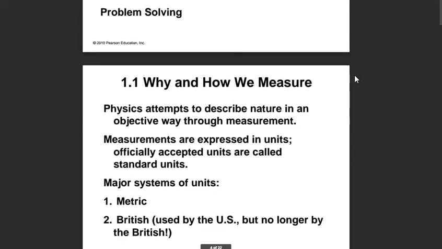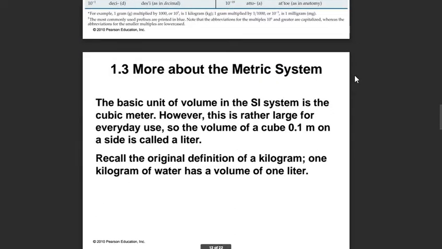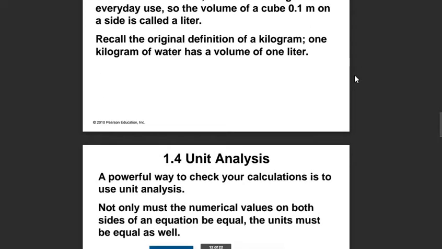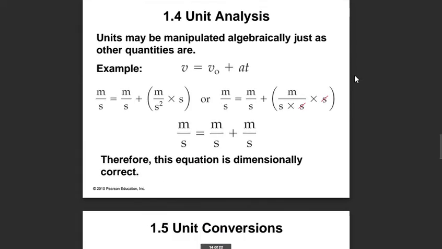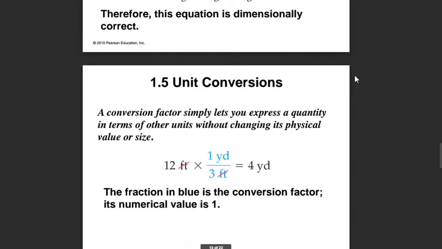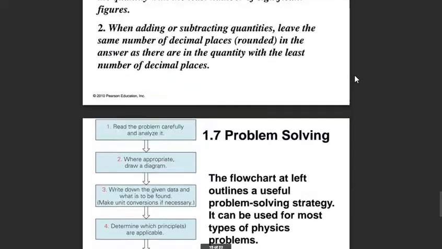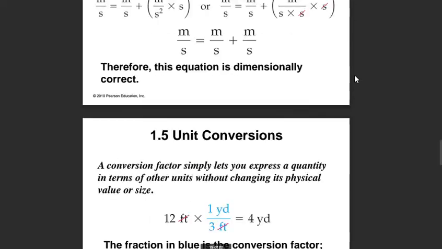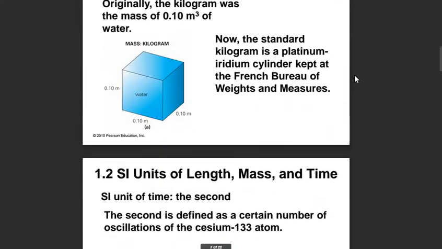All right, here we go. Scrolling down, mass, more metric stuff, mass, unit analysis. Wait a minute. In fact, it was on one of your questions from your homework. I think I skipped it already. I sure did. Here it is.